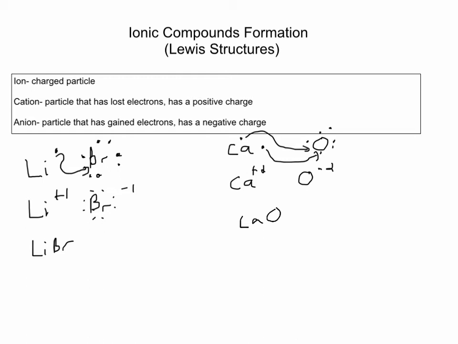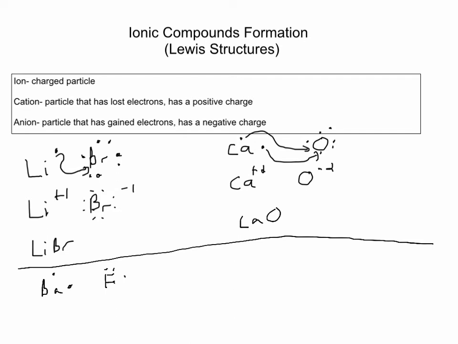Now what happens though if my charges are different? I don't have the same number of electrons to give and gain. Let's use barium, which has 2 valence electrons, and fluorine, which has 7 valence electrons, as an example.